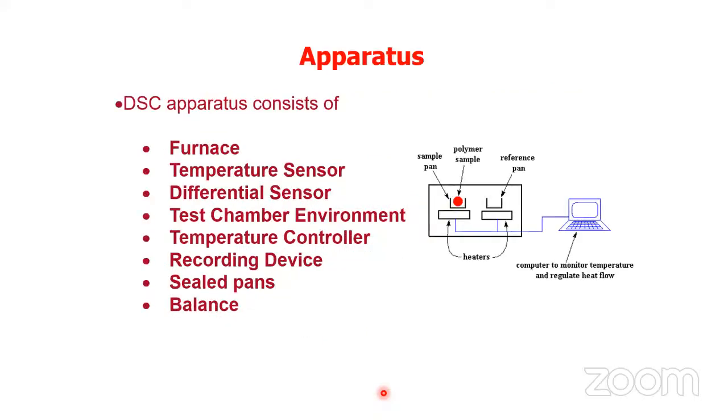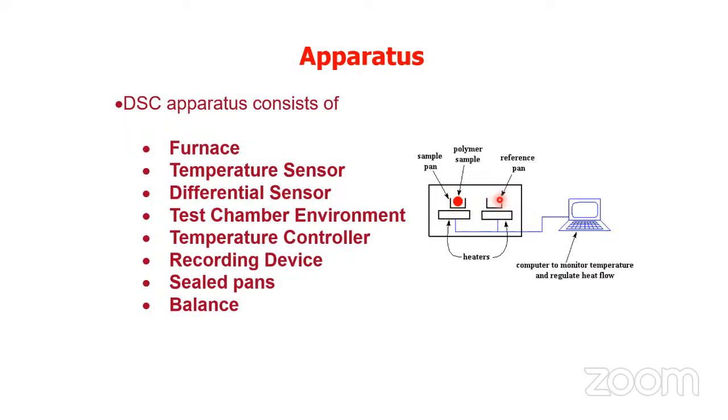So this is the general representation of the DSC apparatus, which generally contains a closed furnace with a neutral gas present in it, generally nitrogen. Then temperature sensors, then differential sensors. For this test, we generally use aluminum pans.